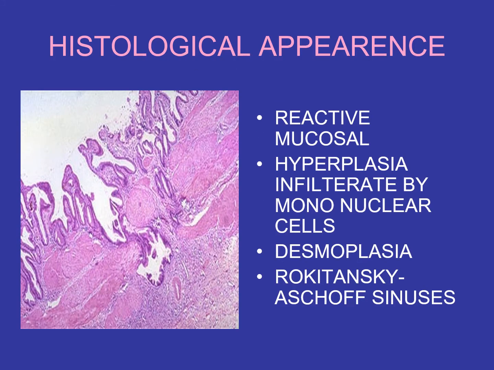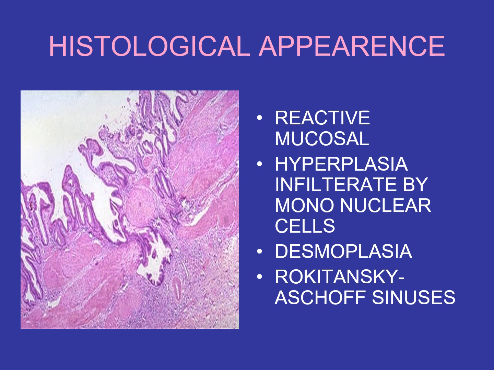Histological appearance. This is very important from the point of view of OSCE as well. There is formation of exuberant mucosal folds, hyperplasia, infiltration by mononuclear cells, desmoplasia, and the formation of Rokitansky-Aschoff sinuses. The Rokitansky-Aschoff sinuses are nothing but dipping down of the lining of the gallbladder to form small sinus-like structures.